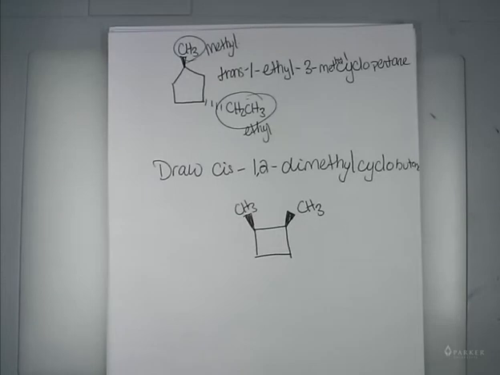We also look at the stabilities of the cycloalkanes. Which one's the most stable? Out of all of them, we looked at 3, 4, 5, and 6 carbon. Cyclohexane was the most stable, and what was the least stable?